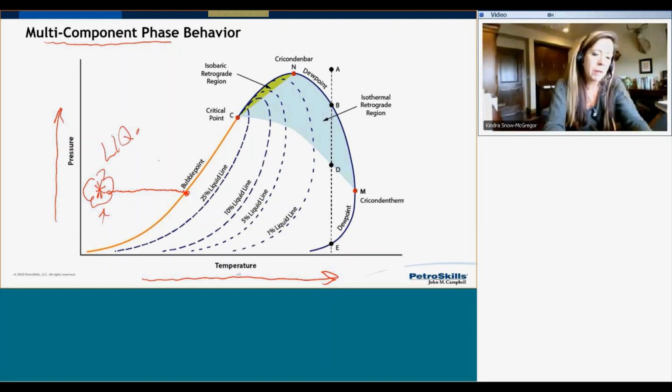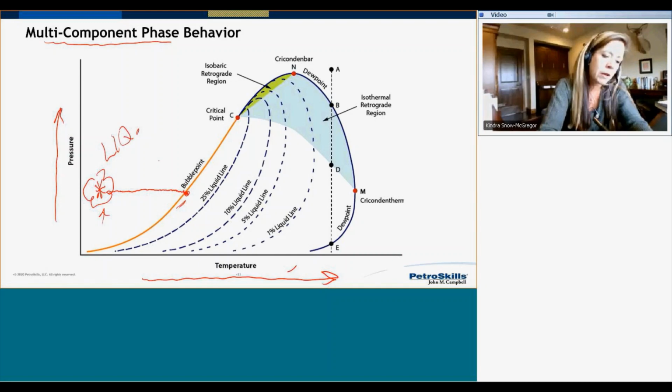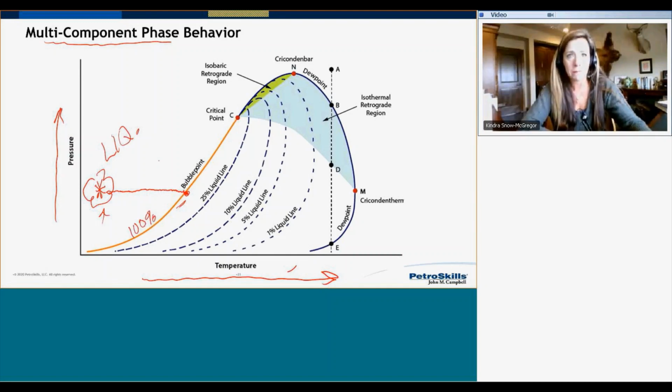So this bubble point curve is set by the light ends in the system. The other thing that's important to recognize is when I'm at my bubble point, I am 100% liquid, but I am a saturated liquid. Another way to think of that is that the liquid is at its vapor pressure. So that's essentially the liquid's vapor pressure curve.